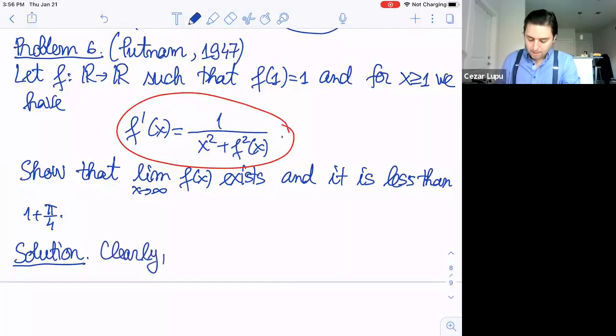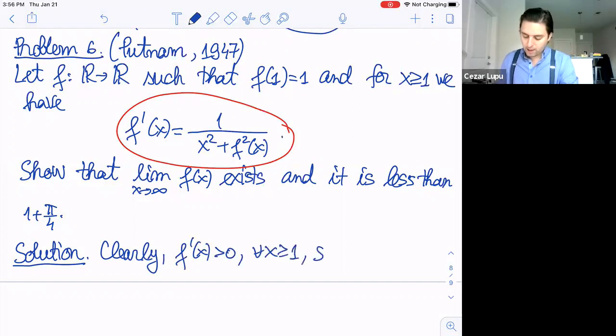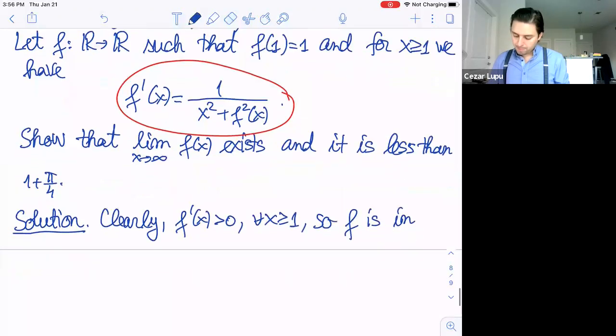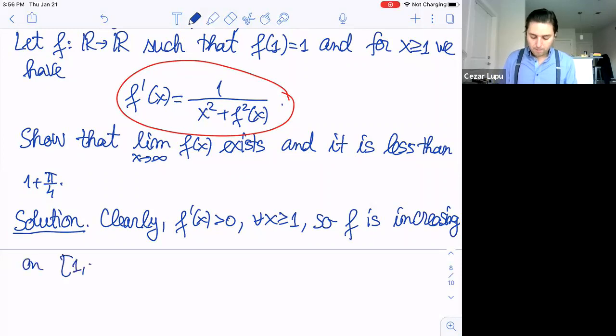So clearly, f prime of x is positive for all x greater or equal than 1. So f is increasing on the interval 1 to positive infinity.